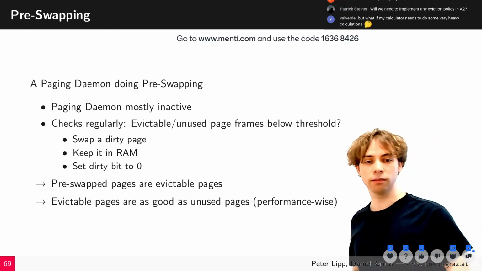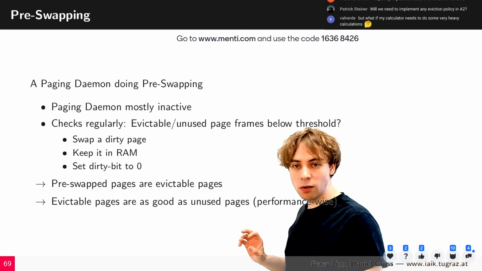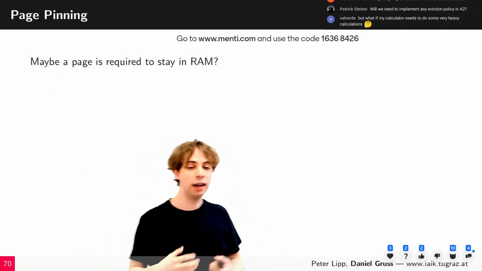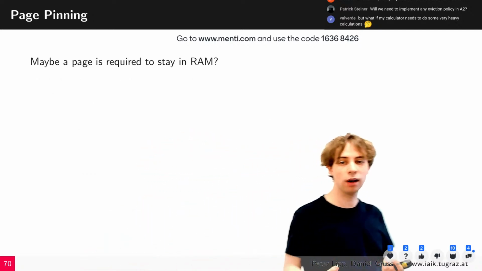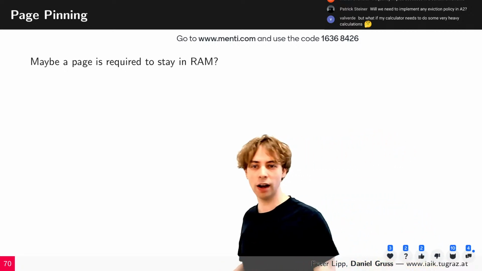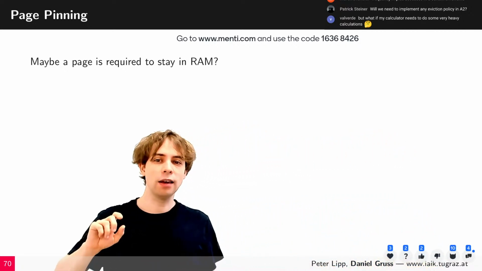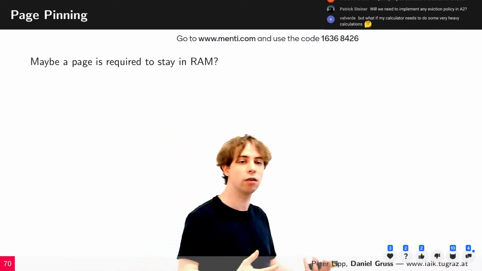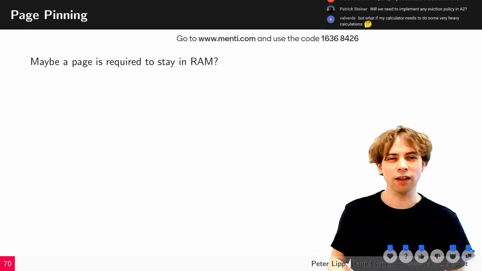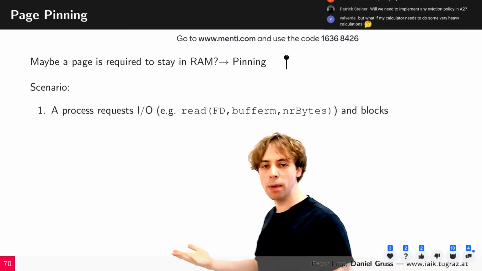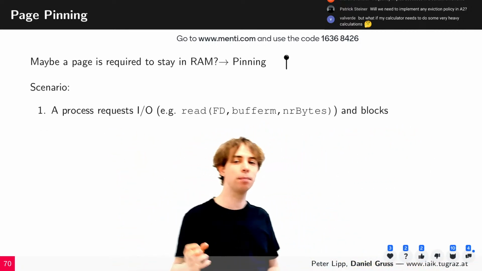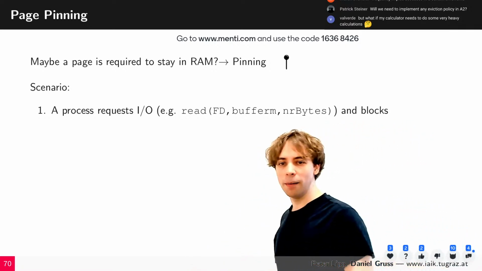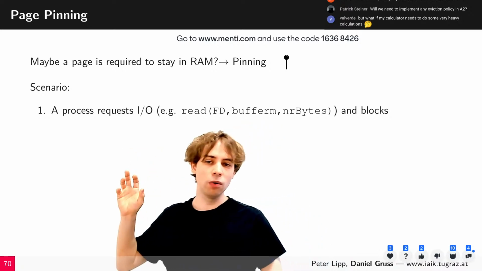Maybe also going back to Fabian's question from the chat, what if the calculator needs to do some very heavy calculations and needs some pages for that? There's also another option that you can implement, and that's page pinning. Maybe a page is required to stay in RAM. For instance, if it's some interaction with I/O memory, then you don't want to swap this page. It's not even really possible to swap this page, right? So you don't want to swap them out.